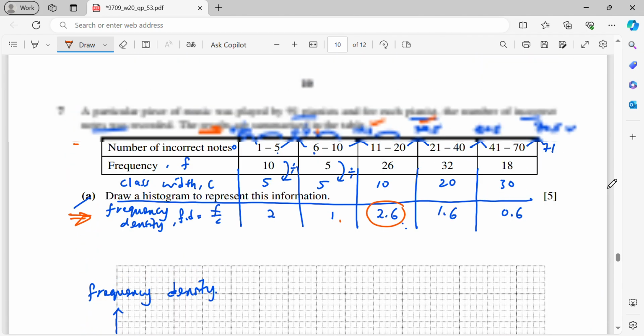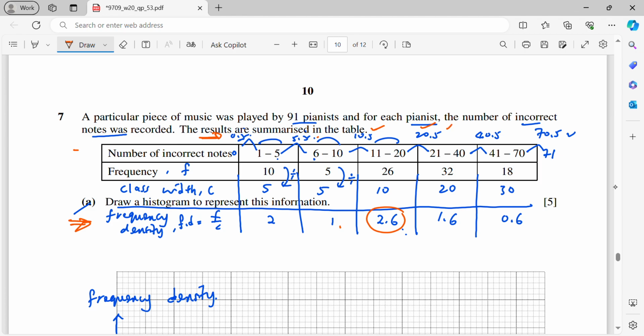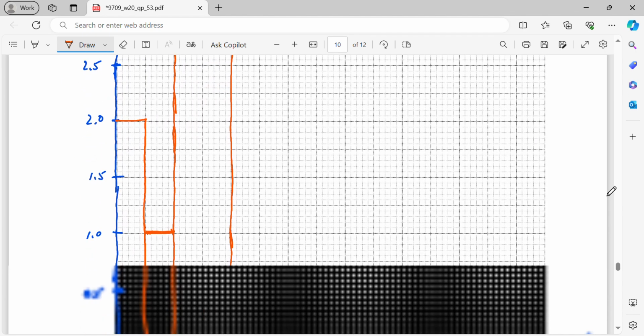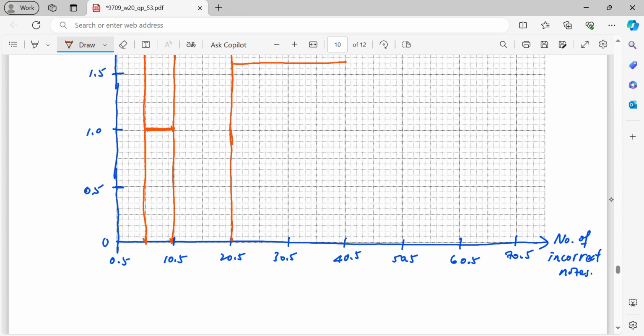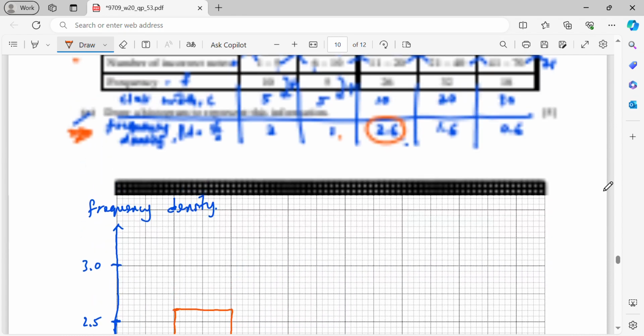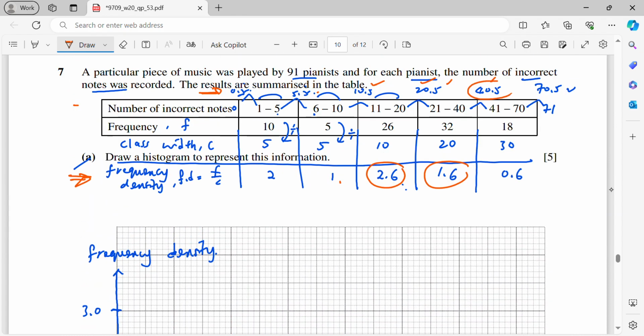Okay, then the next one is 20.5 to 40.5, which is 1.6. So 1.6, so here is 1.6 until 40.5. Okay, then 40.5 to 70.5, it is 0.6.